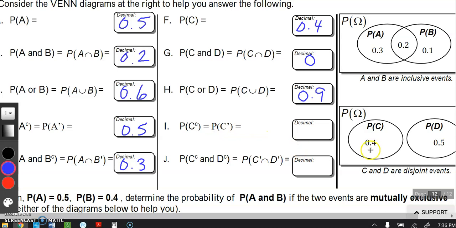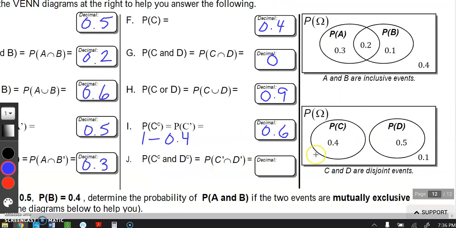C complement is anything that's not 0.4. Well, if it's not 0.4, then you would have to do 1 minus 0.4, which is 0.6. And the complements of C and D, that actually does overlap.